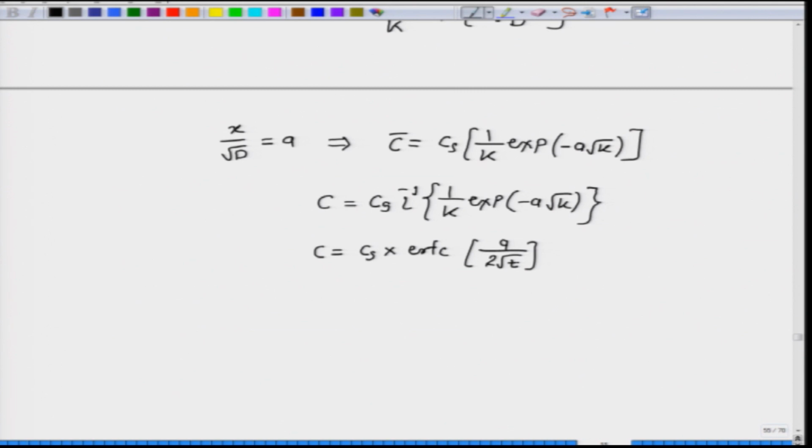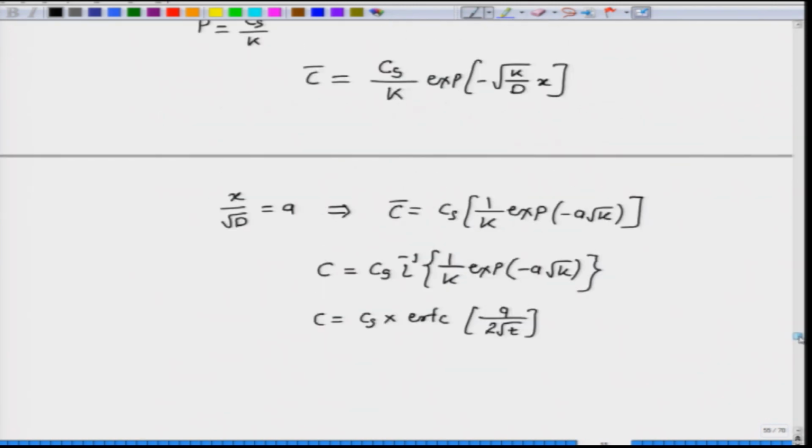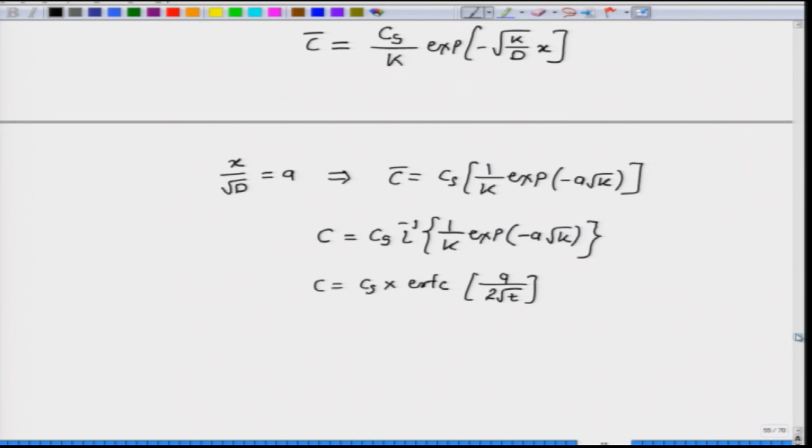Error function c of x is nothing but 1 minus error function of x, and a in our case is x over root d. So, we get the solution for concentration as C is equal to C s into 1 minus error function of x over 2 root dt.